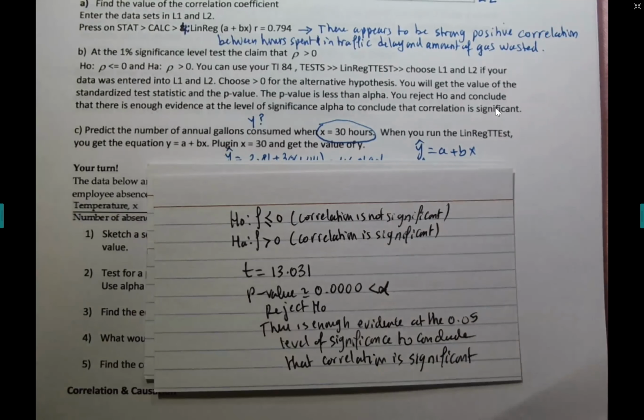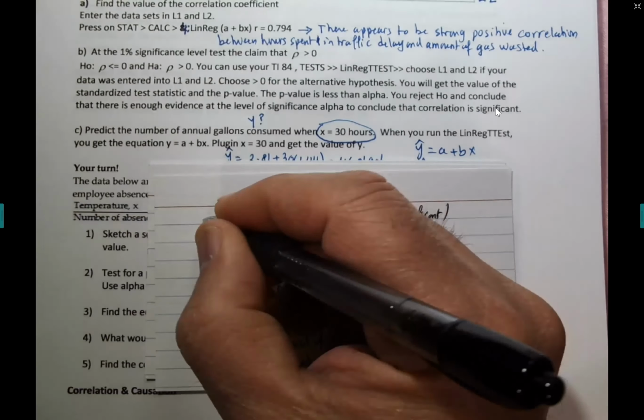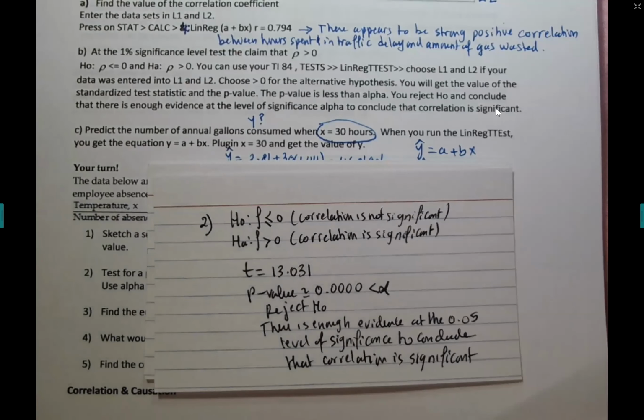So there is a connection, guys, a strong connection. The hotter the weather, the more likely people will be absent, won't show up to work. That's what we concluded here. That's part 2 of the question.